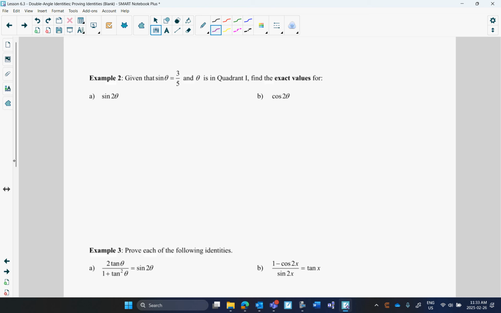A couple quick examples like this. This phrase here, I hope we've done enough of these. This should tell you what you're going to have to do as part of your solution. Put a right triangle on a grid, do Pythagoras.